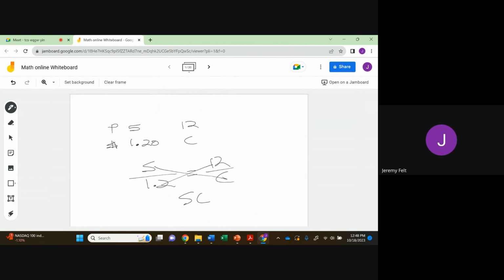I get 5C equals 12 times 1.2, which is 14.4. Then I cross multiply and divide by 5. Oops, so I get C by itself.